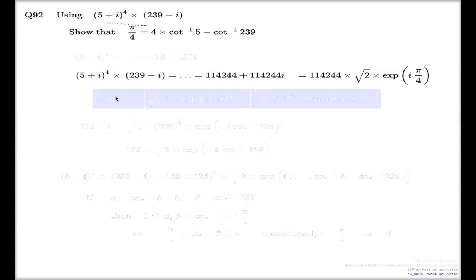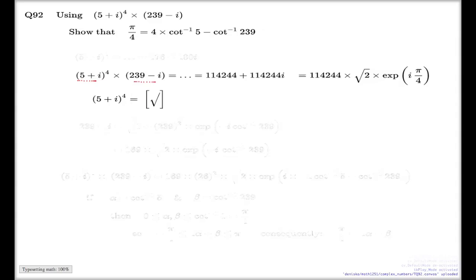Now, on the other hand, I can convert the factors individually to the exponential forms, this factor and this factor. Here's the conversion. Inside the brackets is the exponential form for 5, take i. Here's the argument, cot inverse of 5, that's the argument of this number.